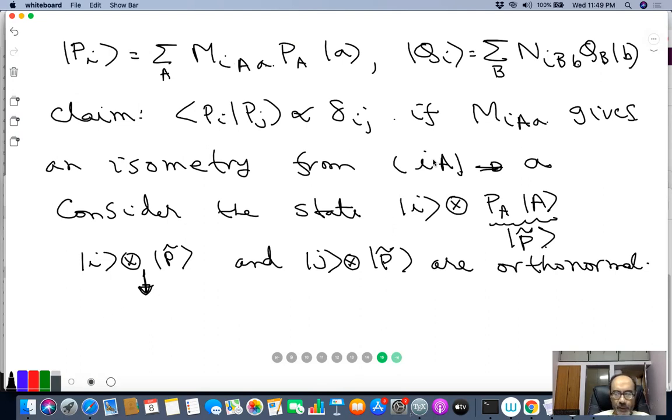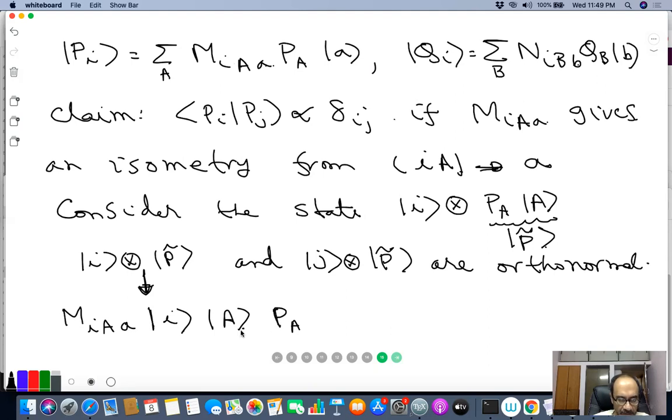If we think of this as an isometry, under this isometry, what boundary state does it map to? So I times A will basically map to M I A times P A.